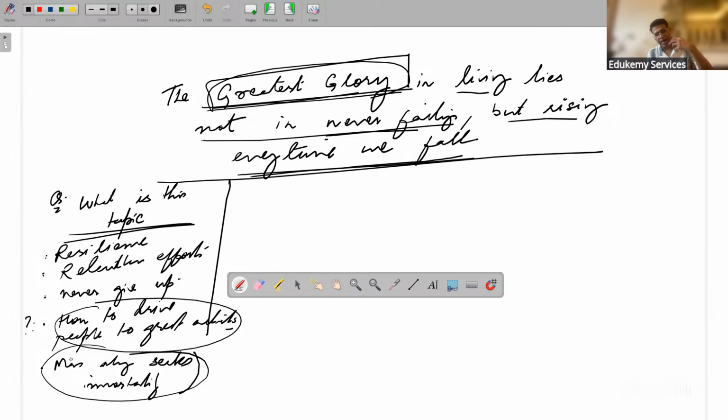Because this idea of greatest glory tells me that man always wants to seek that level of immortality, or a level which is legendary, a man who doesn't want to give up in life. So that is the implied aspect of this topic, a positive lens on the future. Okay, fine. So that is what the topic is about.